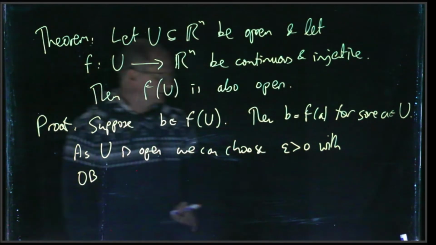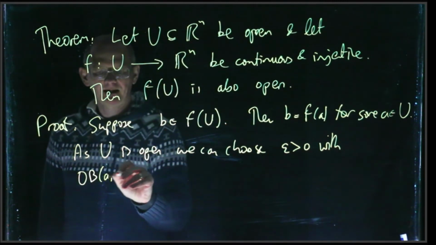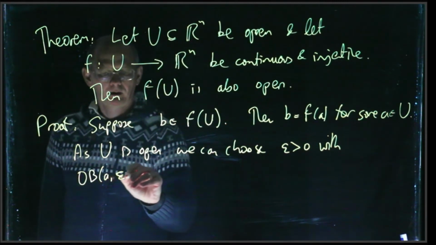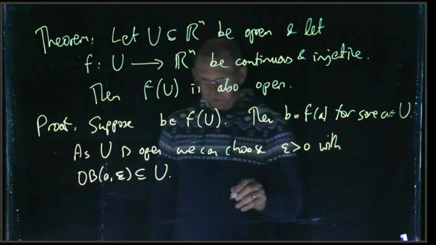So then the open ball around A of radius epsilon is contained in U. Okay.